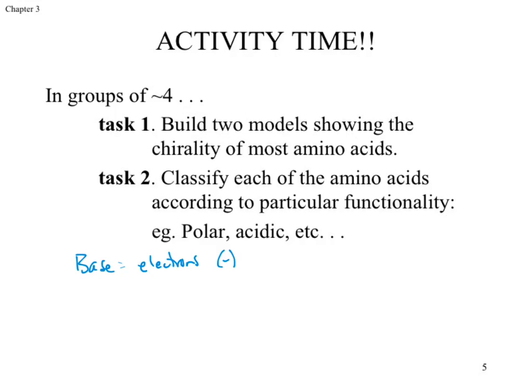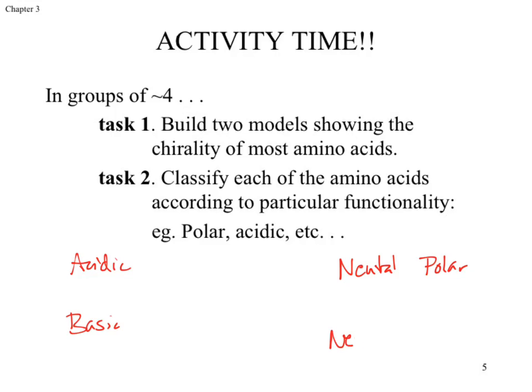So the primary categories that typically get used, we get 4 of them. We'll just address some of them. Acidic and basic. And then we've got our neutral polar and neutral nonpolar.